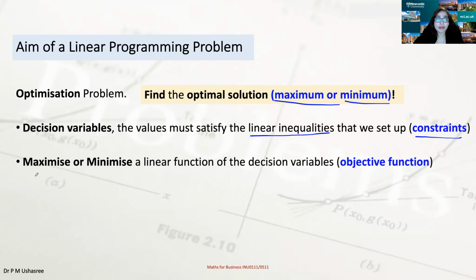And then you have to maximize or minimize a linear function of the decision variables, which is your objective function. Your objective function here is to find the maximum profit in this example.